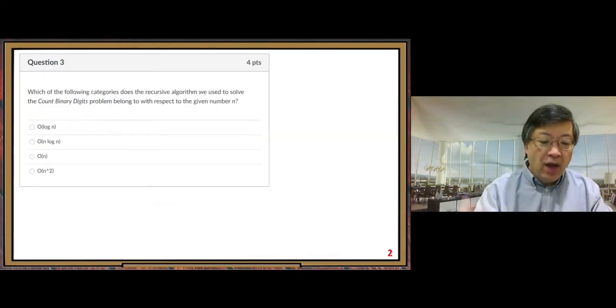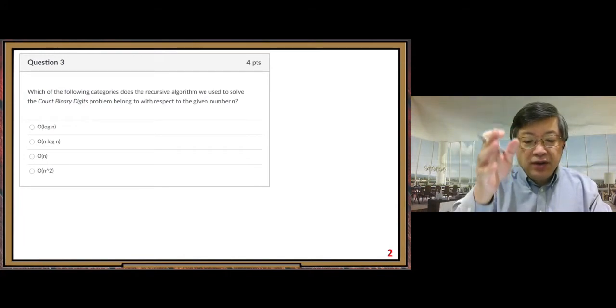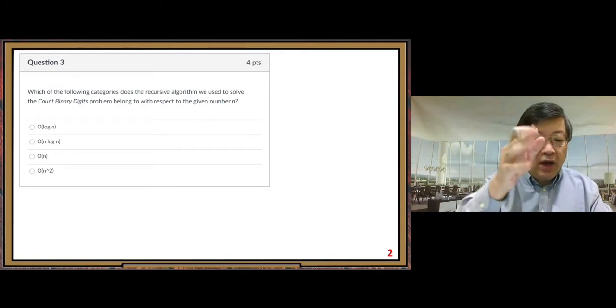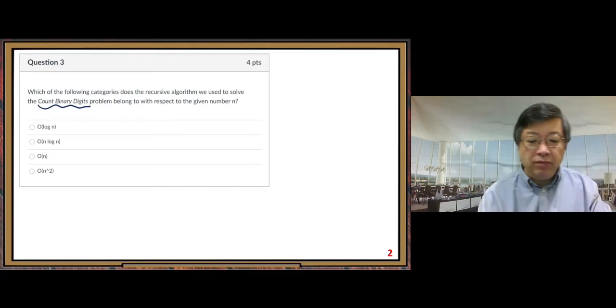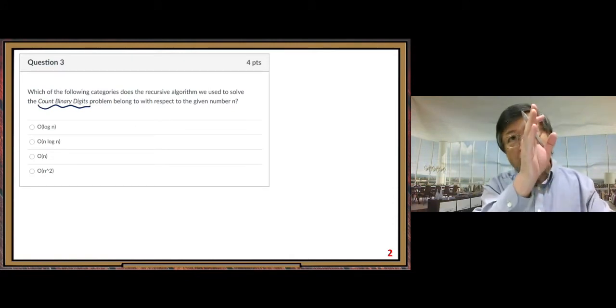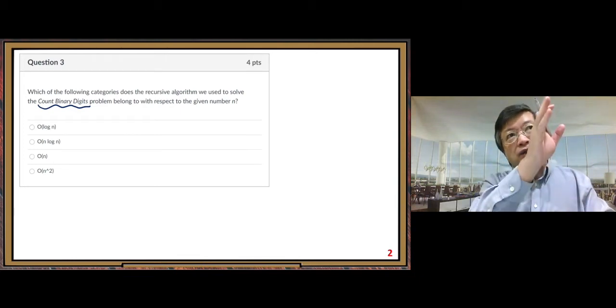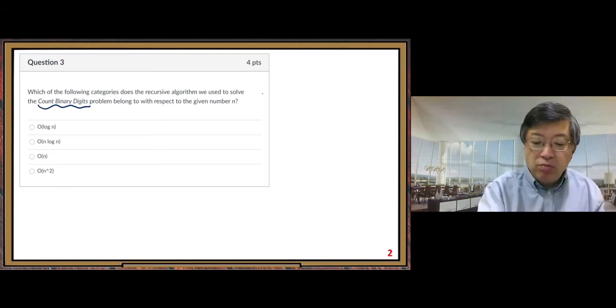Question number 3. Which of the following categories does the recursive algorithm we used to solve the count binary digits problem belong to with respect to the given number n? The formula we derived, right? We consider a special case, n equals power of 2 first.